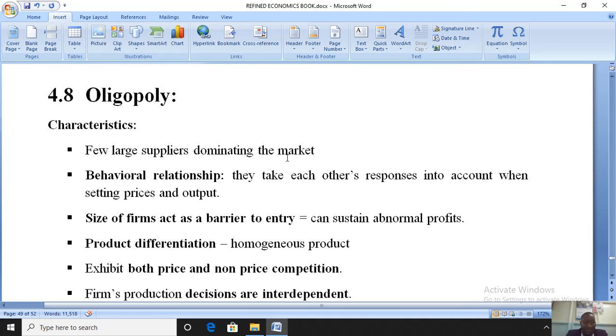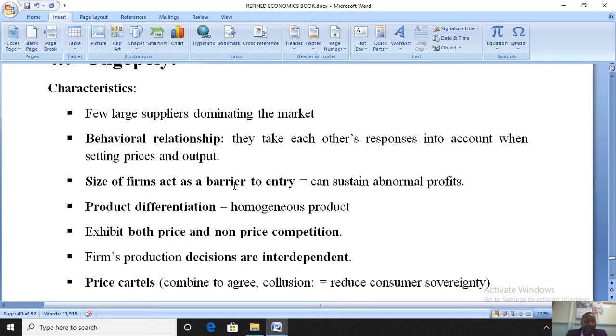Because they are large firms, the size of the firms acts as a barrier to entry, and this is what is referred to as the cost barrier. Now, because the barriers under oligopoly market structures are strong, it means that oligopoly firms can sustain supernormal profits in the long run.